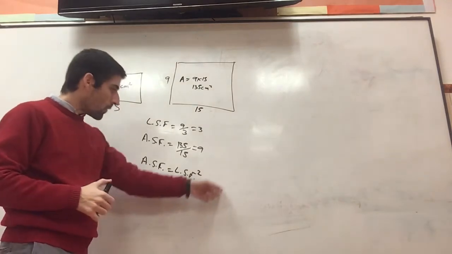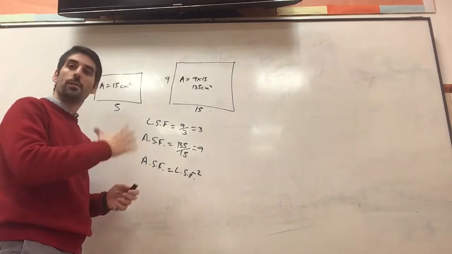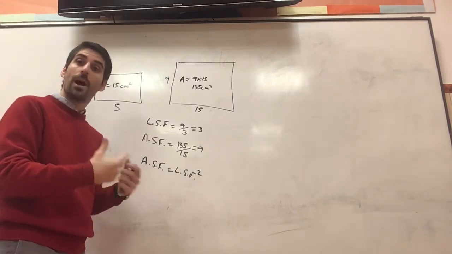So this is the one thing you have to highlight and learn and make a note of, and then I'm going to show you an example on how it works.